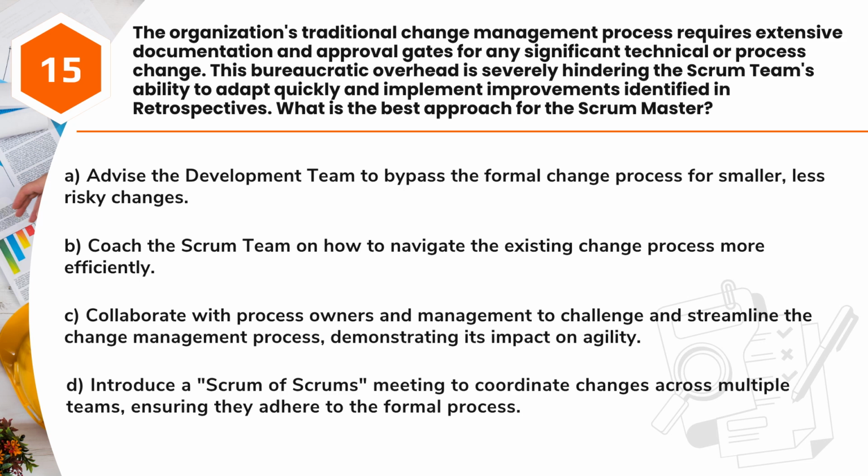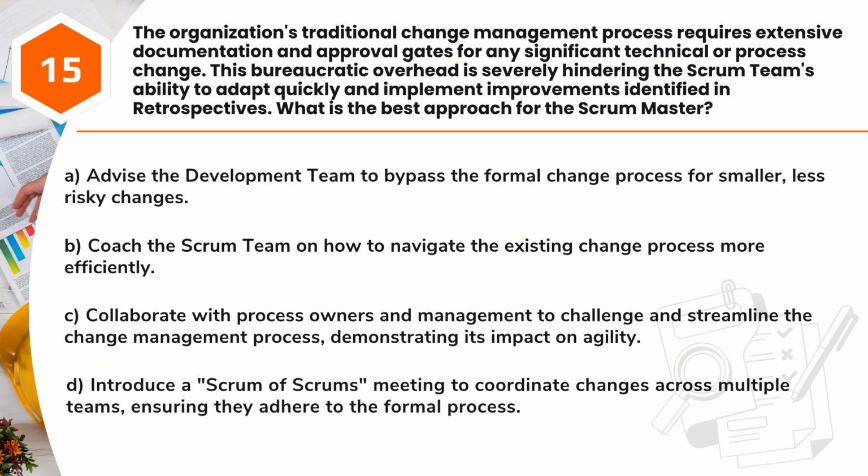Question 15. The organization's traditional change management process requires extensive documentation and approval gates for any significant technical or process change. This bureaucratic overhead is severely hindering the Scrum team's ability to adapt quickly and implement improvements identified in retrospectives. What is the best approach for the Scrum Master? A. Advise the development team to bypass the formal change process for smaller, less risky changes.